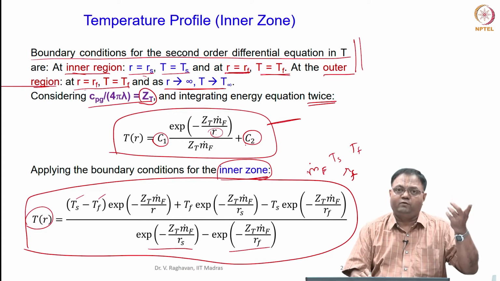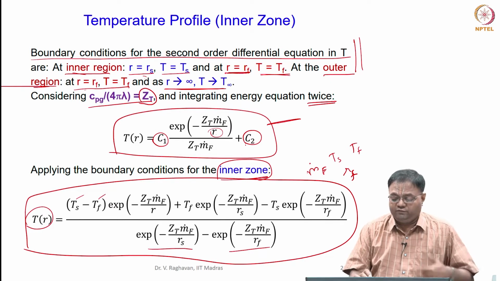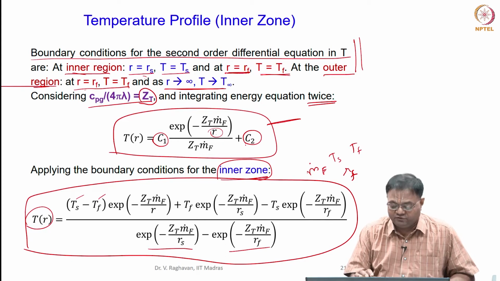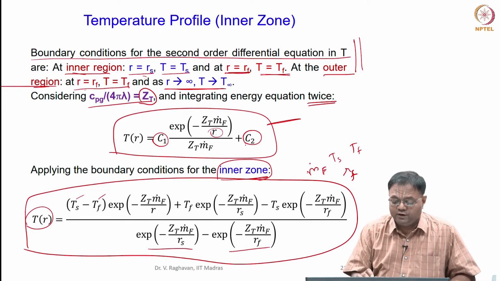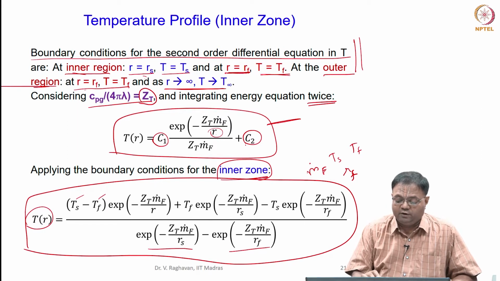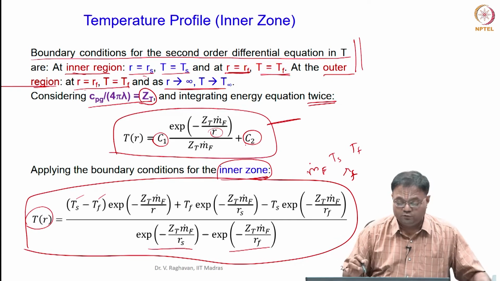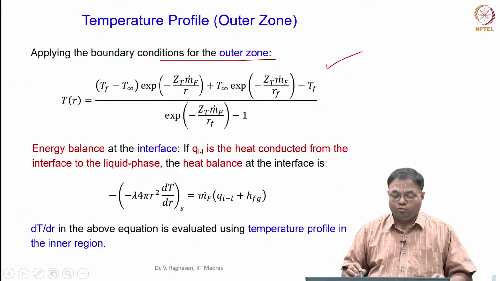So the same first equation we got for the inner zone, the second equation there will be the first equation here. Then when R tends to infinity, you put R infinity here, so this will be 1 by this, etc. Then you will get another equation in C1 and C2. So solving C1 and C2, I get the profile for the outer zone.